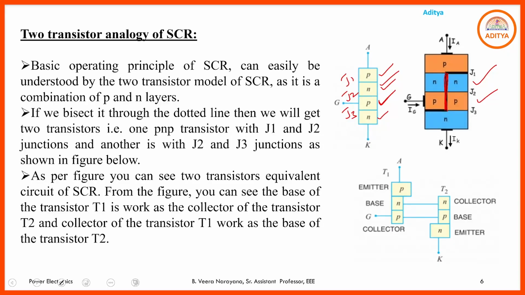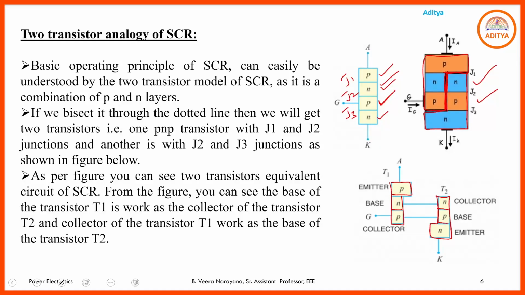So the left hand side portion, PNP, forms one transistor like this. This is PNP, and the right hand side portion, NPN, forms another transistor. So this is the simple two transistor analogy.